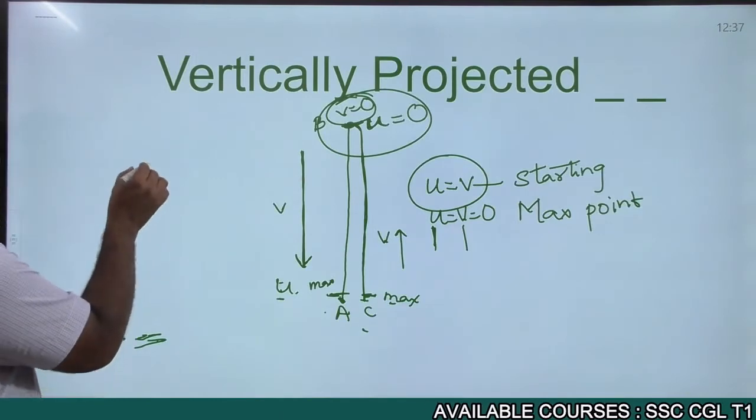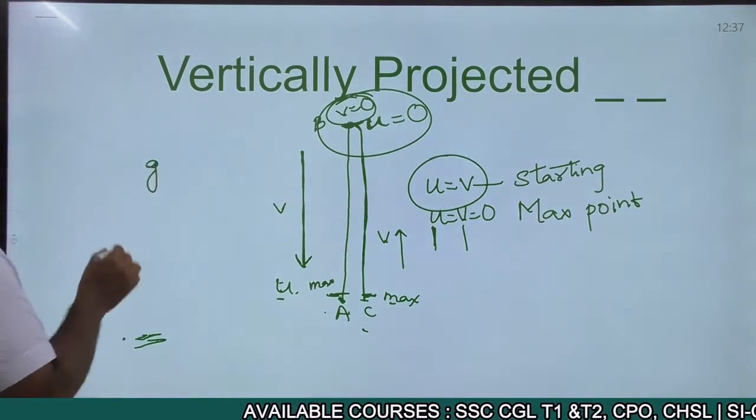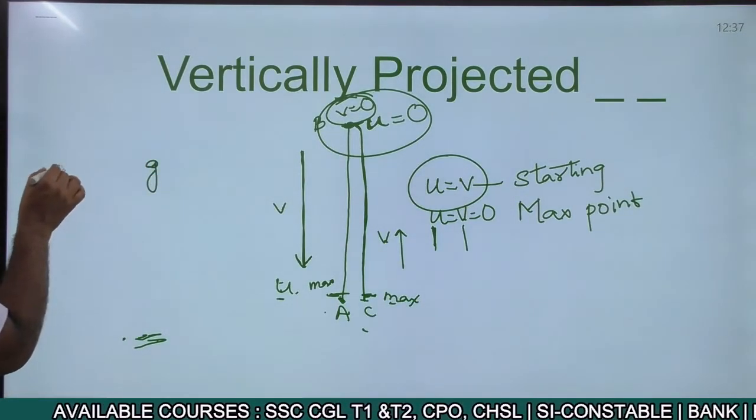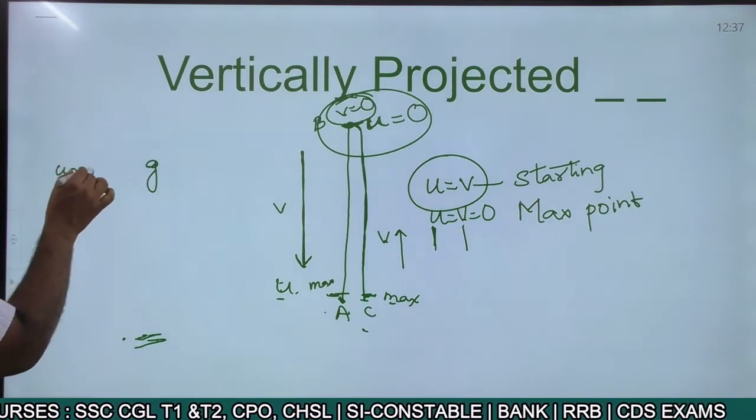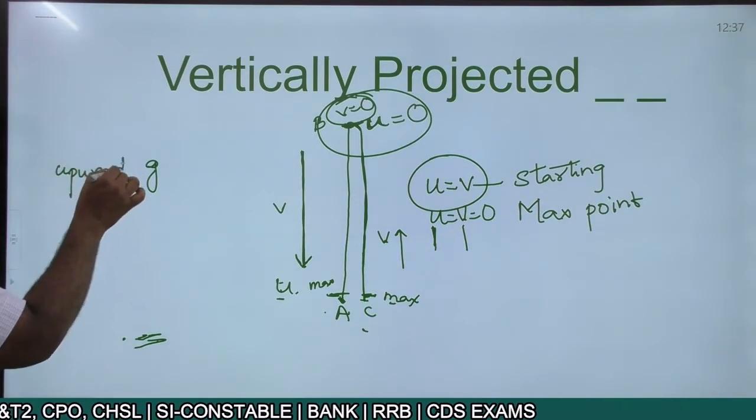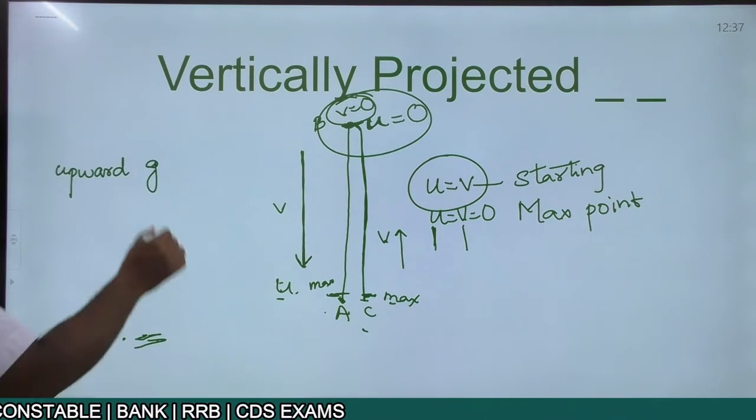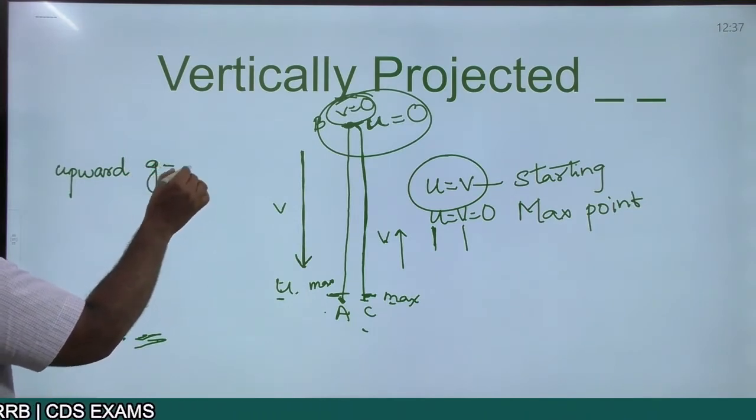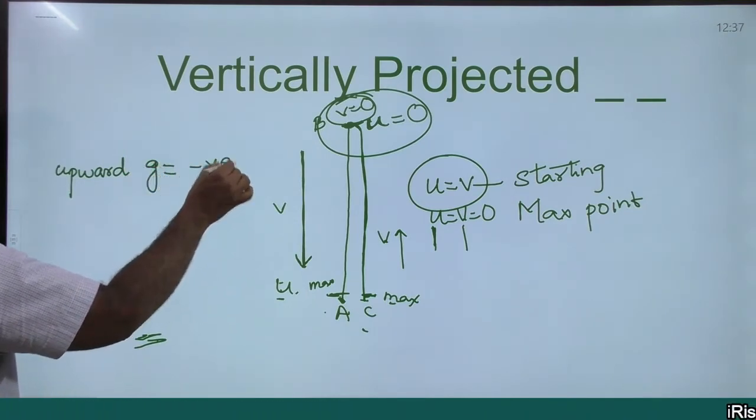At the same time, for an upwards projected object, when the object is moving in the upward direction, the value of g is taken to be negative, because the object is moving against gravity.